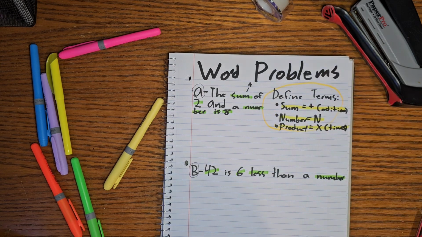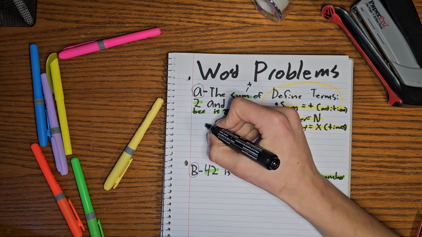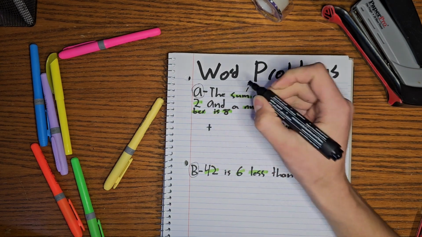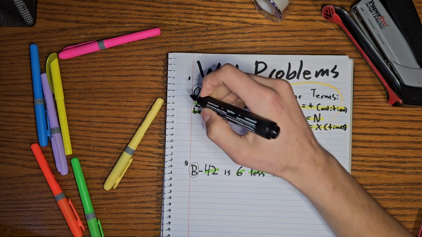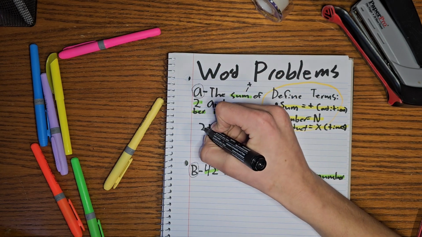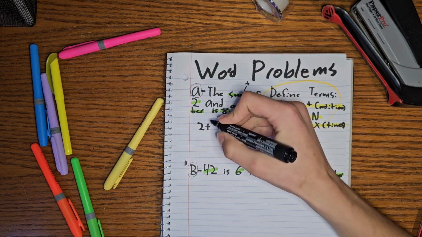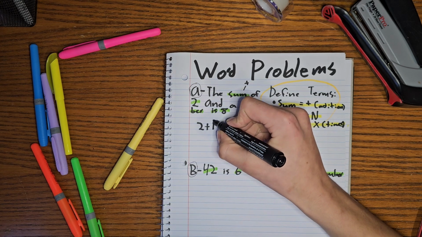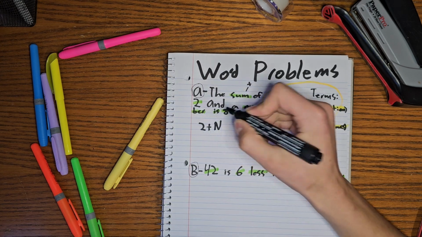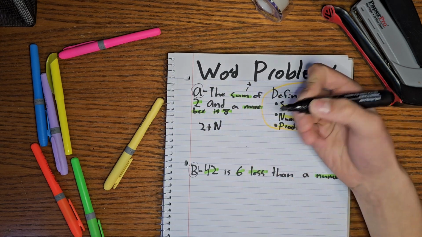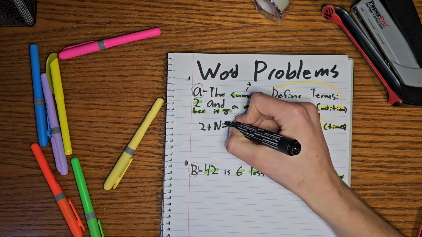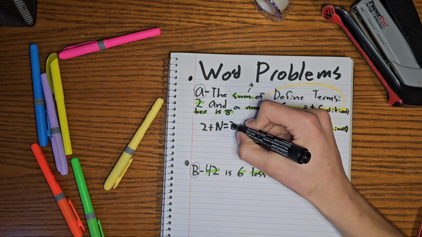Here I saw sum, so that's plus. So the sum of 2 and a number is 2 plus n. And we know is means equals, so equals 8.